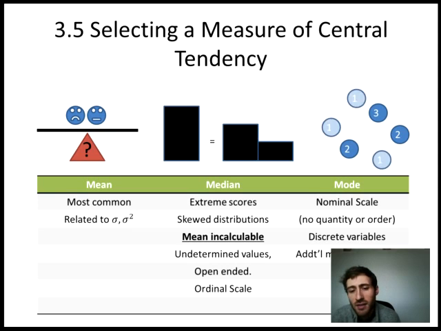So you're going to use that as a category that has some rank order in terms of the other categories. Maybe you have 1 minute, 2 minutes, 3 minutes, 4 minutes, and then not completed. You still want to include the data from the people who didn't complete the task. So you wouldn't be able to calculate a mean because they don't have a numerical value, but you could calculate a median.